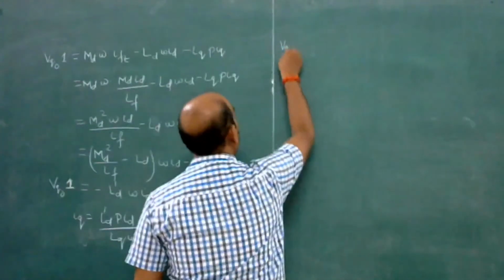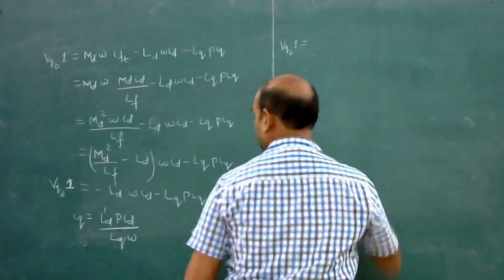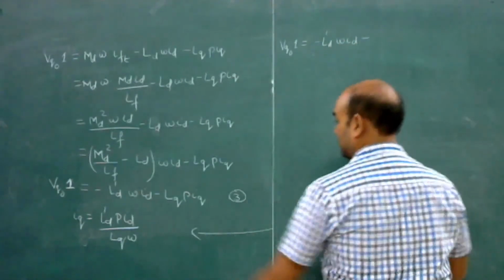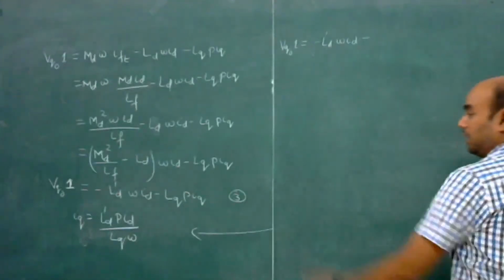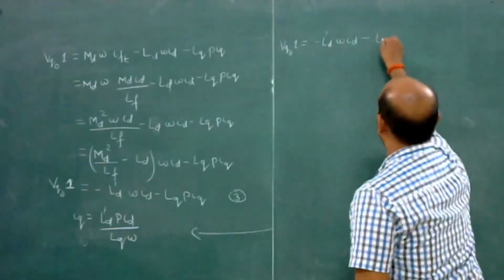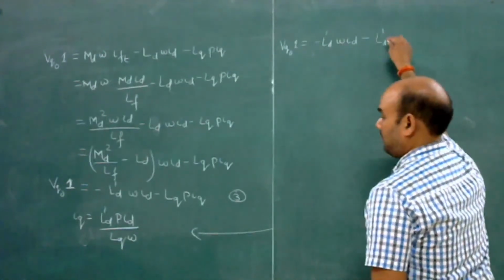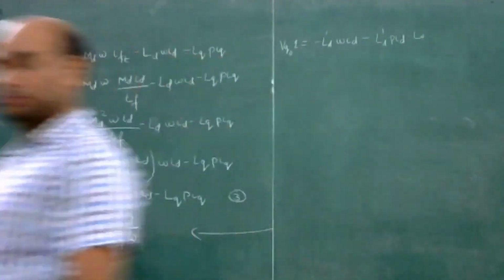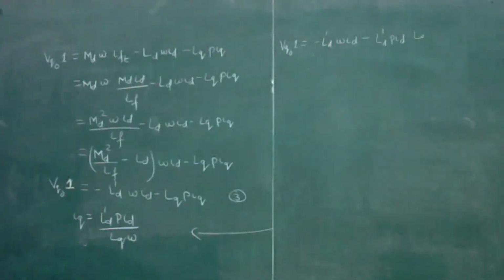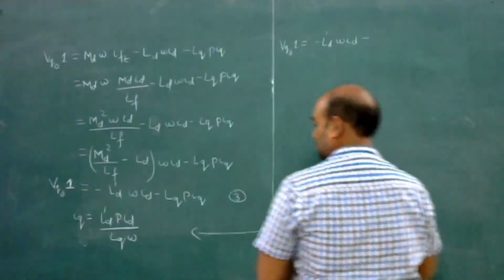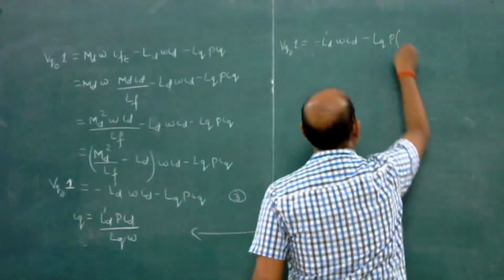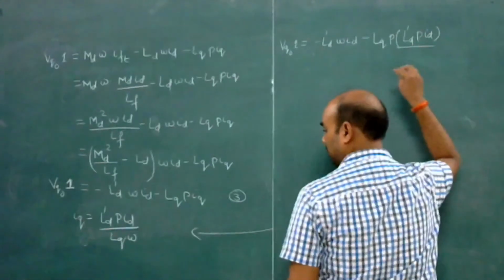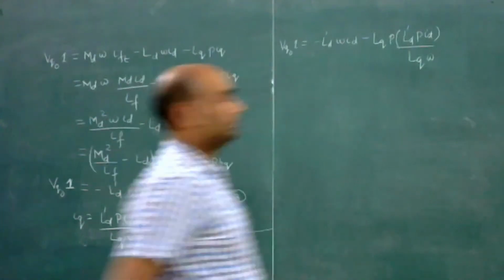So EQ naught 1 is equal to minus LD dash omega ID minus LQ P times, in place of IQ, LD dash P ID divided by LQ into omega.